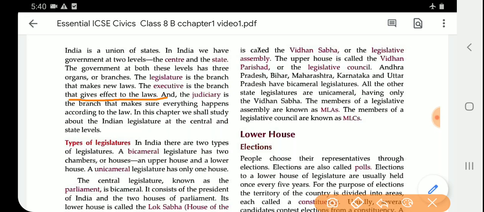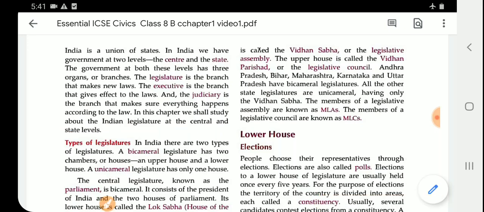The third one is judiciary, a branch that makes sure that everything happens according to the law. Its main duty is to see that everything is happening according to the law or not. Now, in this chapter, we shall study the Indian legislature at the center level and the state level.